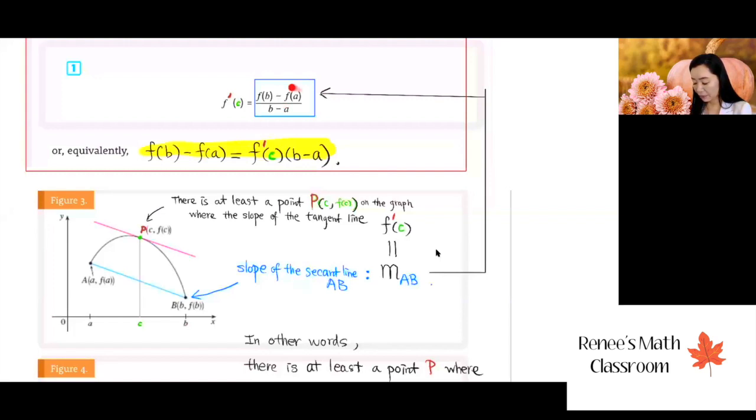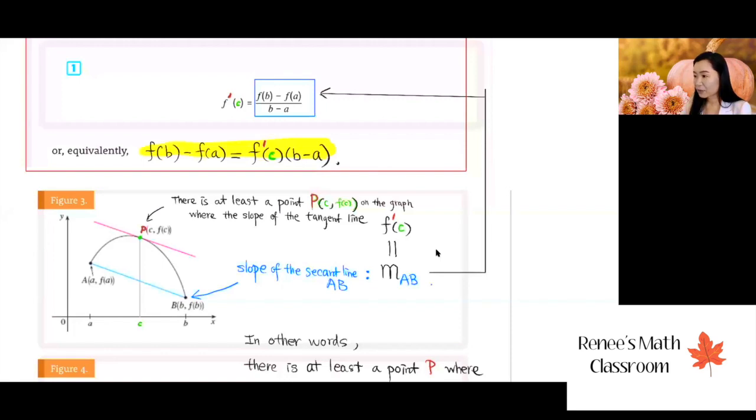So rise over run, like y2 minus y1 over x2 minus x1. So (f(b) minus f(a)) over (b minus a) gives you the slope for the secant line, and this says that this tangent line is going to be parallel to this secant line.